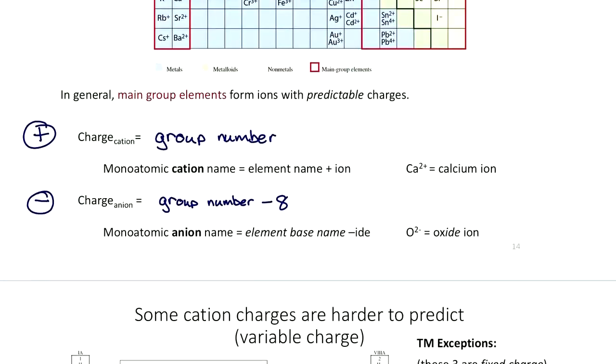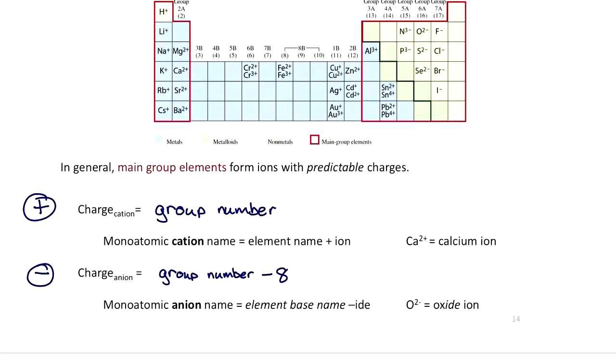Things that are negatively charged gain electrons, and that's how they form their negative charge. We are looking at mostly nonmetals here. Cations are metals, and anions are nonmetals. The charge of an anion in our main group elements is the group number minus 8.